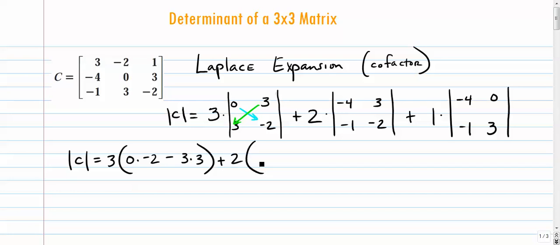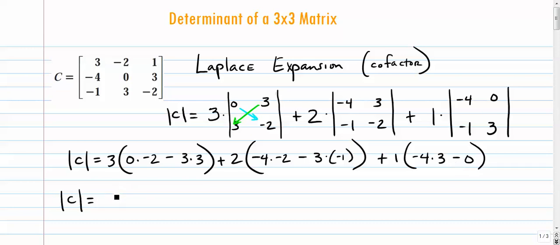Plus 2. Now we're taking the determinant right here. So negative 4 times negative 2 minus 3 times negative 1. Plus 1 times the quantity of negative 4 times 3 minus negative 1 times 0. That's just 0.